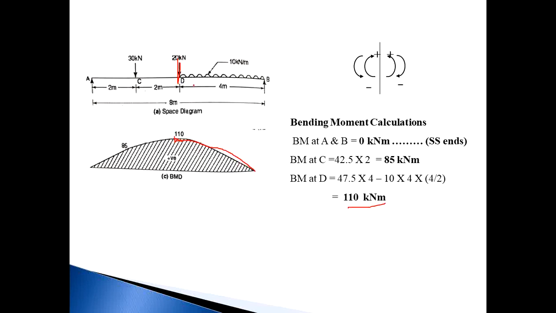Once again I repeat, if there is a UDL on the beam, you should draw the BMD as a parabola. In between A to C there is no load, so it is a straight line. In between C to D no load, it should be a straight line, and in between D to B there is a UDL. So for the DB portion, from point D to point B, you should draw a parabolic curve.